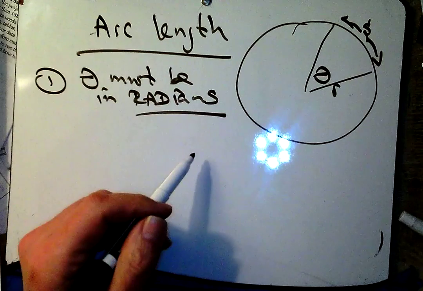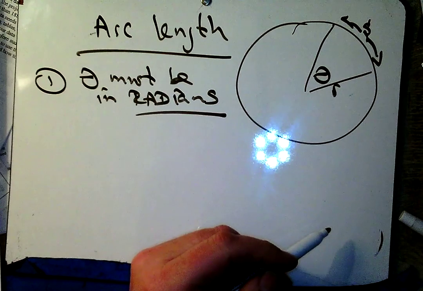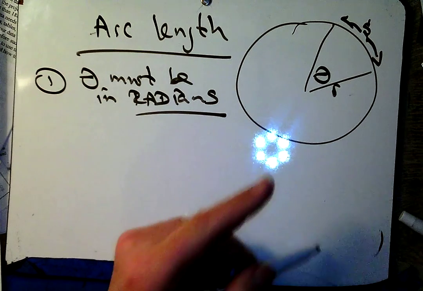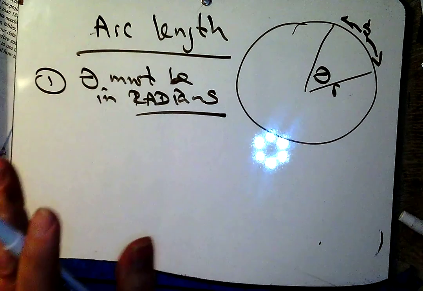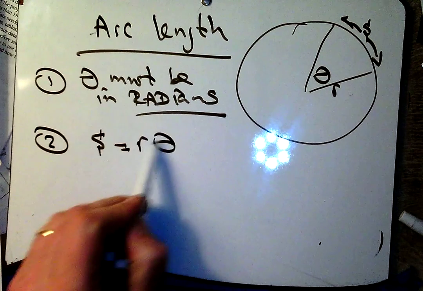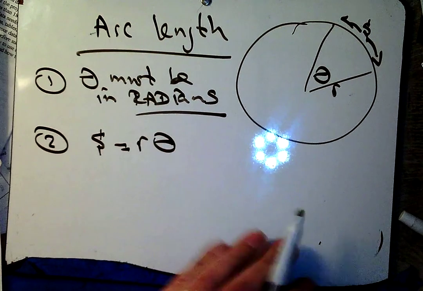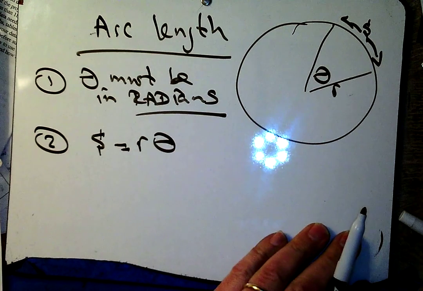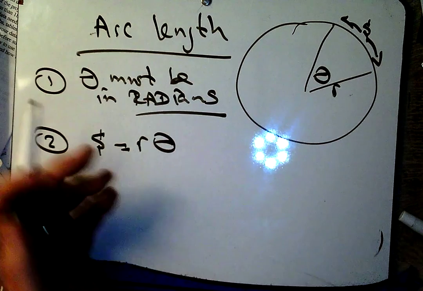So if someone gives you degrees over here, then you've got to say, I better convert those degrees to radians, because you can't use this formula, S equals R theta, with degrees. If you do, you're going to be wrong every time. Don't even bother.